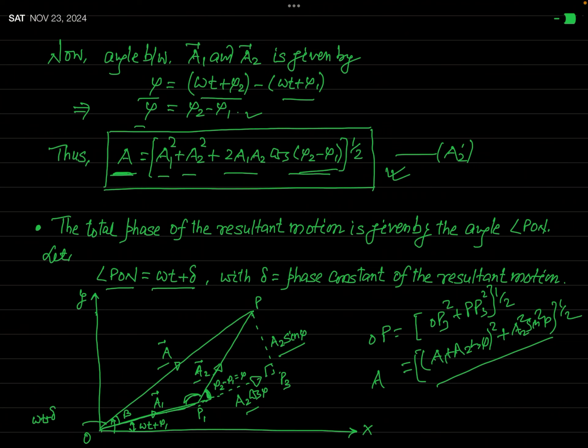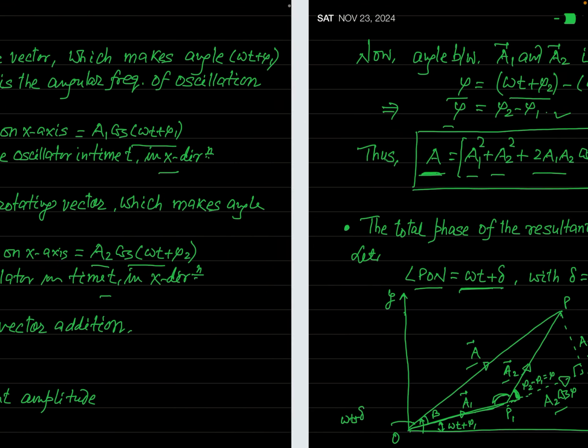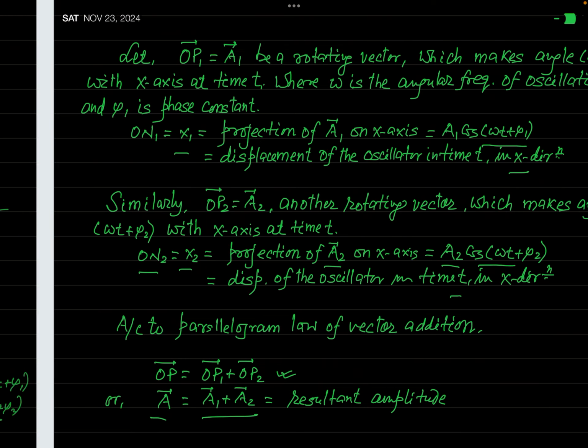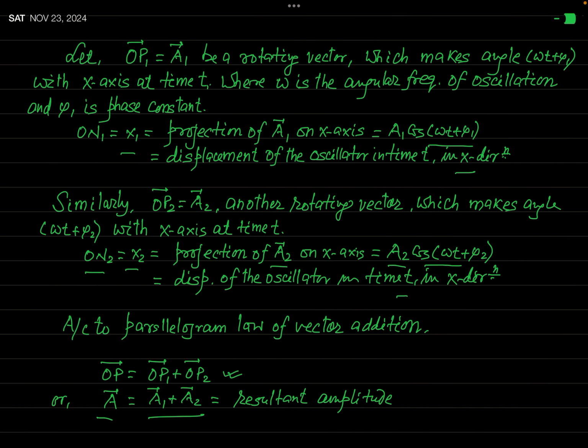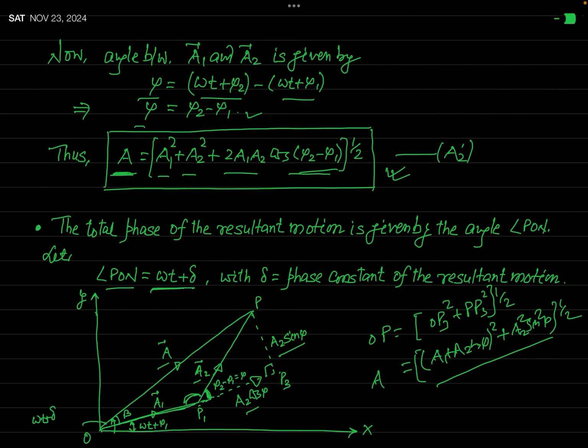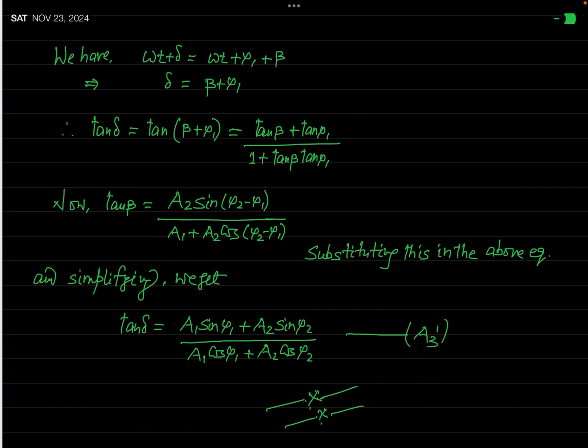Now you can see the omega t plus delta, this represents angle POX. Or here according to this figure, this will be PON or POX, you can say. And this angle is simply the sum of beta plus omega t plus phi 1.